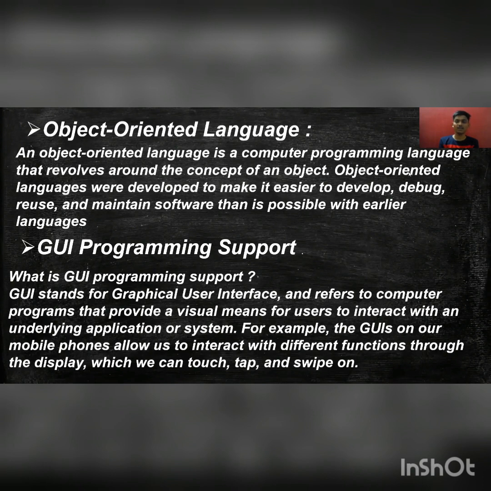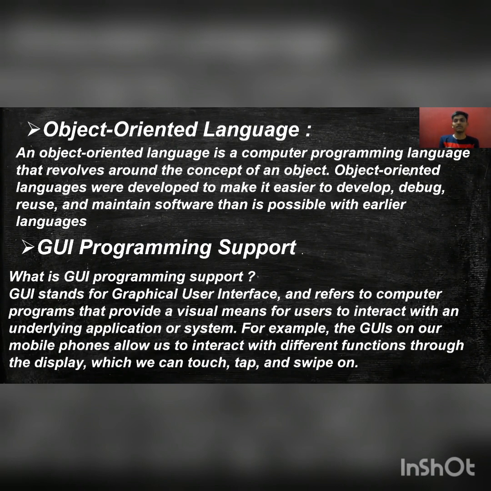GUI stands for graphical user interface and refers to computer programs that provide a visual means for users to interact with an underlying application or system. For example, the GUIs on our mobile phones allow us to interact with different functions through the display, which we can touch, tap, and swipe on.